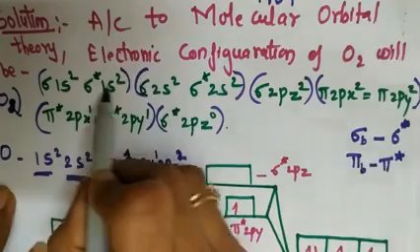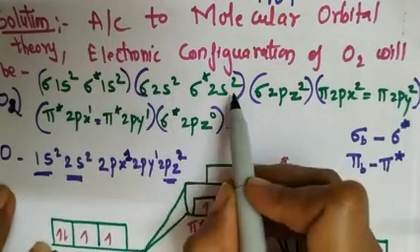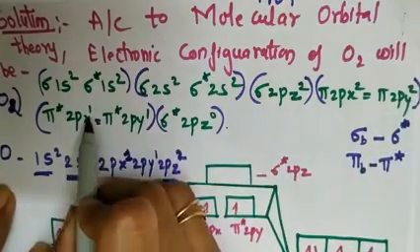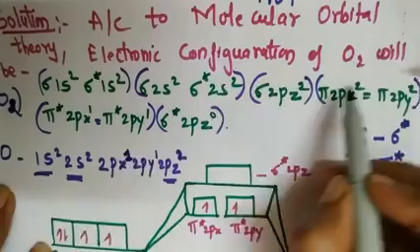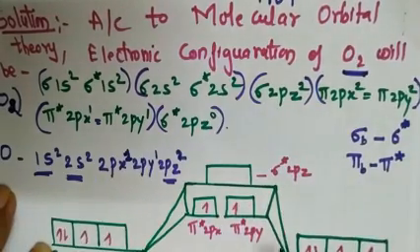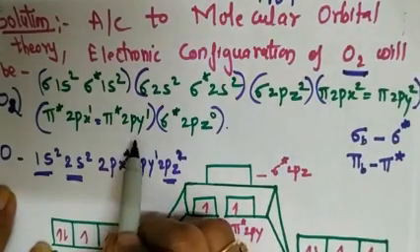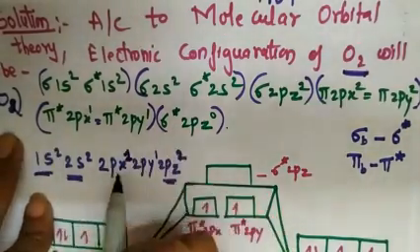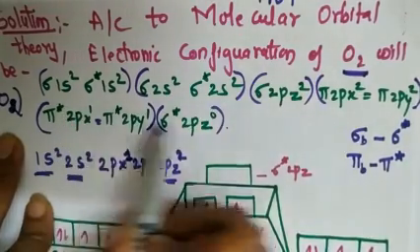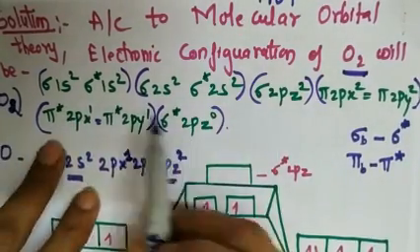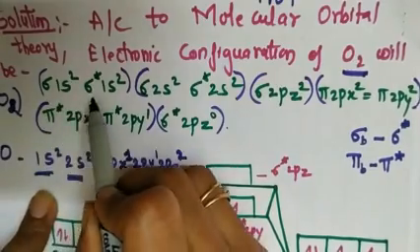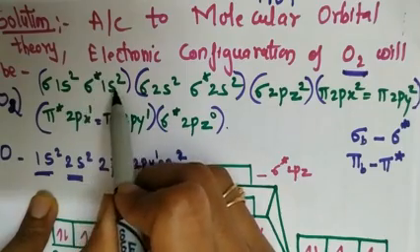See, 2 4 6 8 10 12 14 15 and 16. We are talking about O2, so 16 electrons should be there, since both the oxygen atoms are contributing electrons. Once again I will explain this configuration. First, for 1s2 it is sigma 1s2 and its antibonding sigma star 1s2.